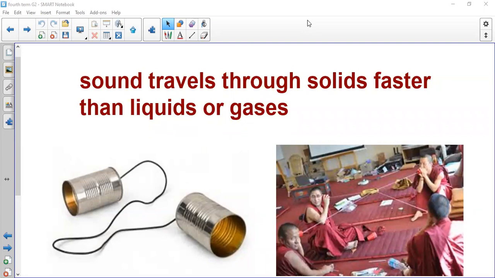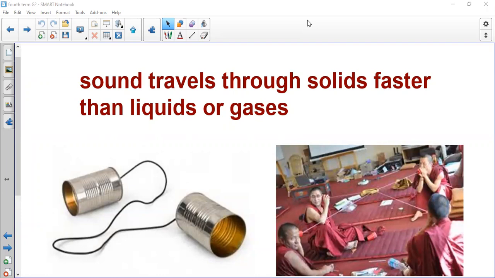Can you say it again, Mayan? Sound travels through solids faster than liquids or gases.